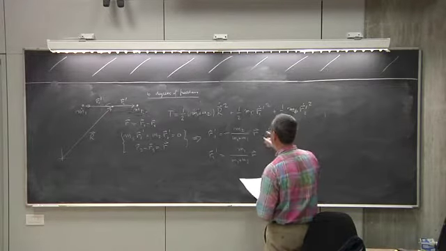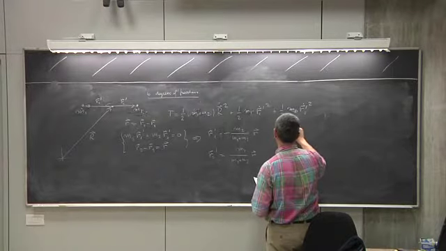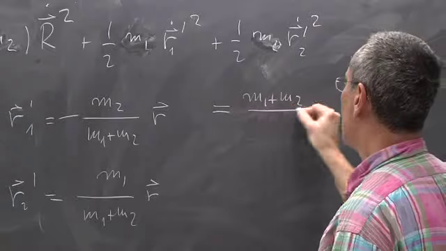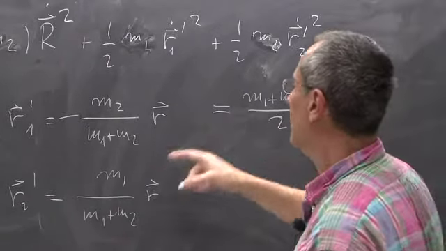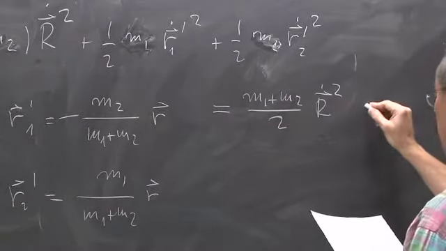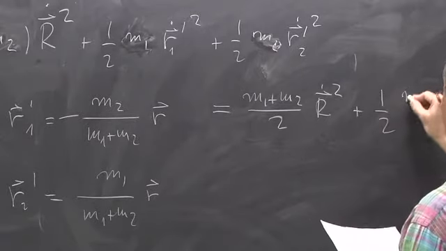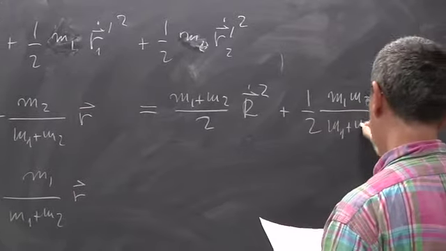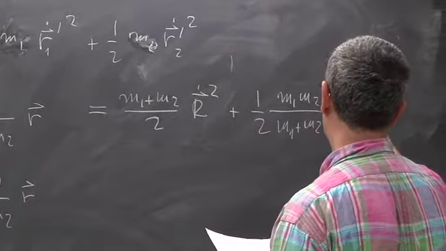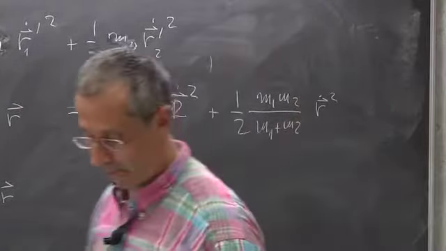And if I do that, the first term remains just the same. But if you plug in these numbers, you get here 1/2 m1 m2 over m1 plus m2 r dot squared.